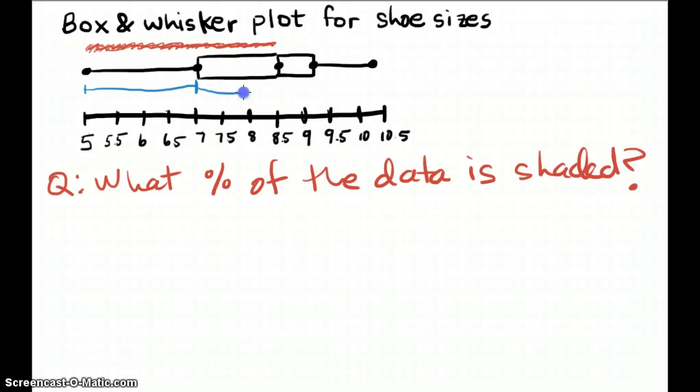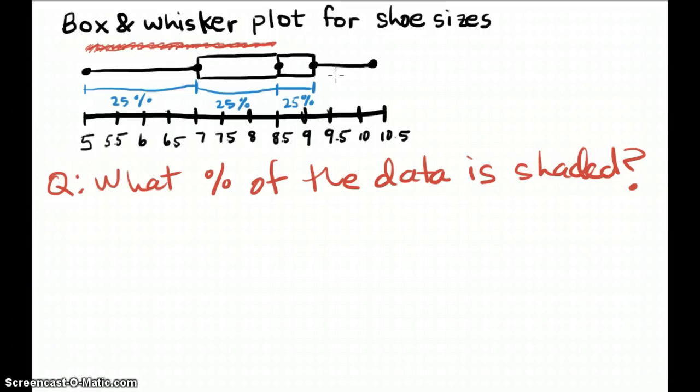Now, even though in between these next 2 dots isn't as wide, it doesn't look like it could be as much, it still represents another 25% of the data. So here's 25%. Here's another 25%. And then this is a really short segment next, isn't it? In between dots 3 and 4. But it still holds 25% of the data.